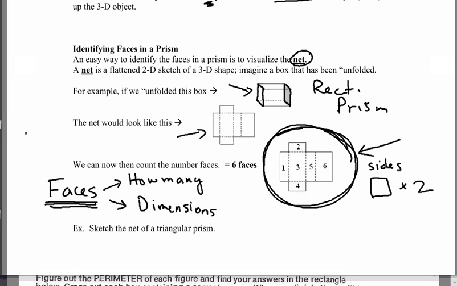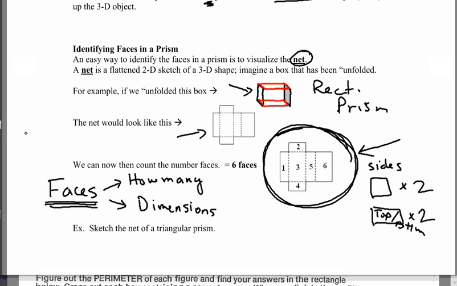But I also have 2 different sized rectangles here that are opposite each other. So I have another 2 different dimension rectangles that are the top and bottom. So identifying what you have can be beneficial.